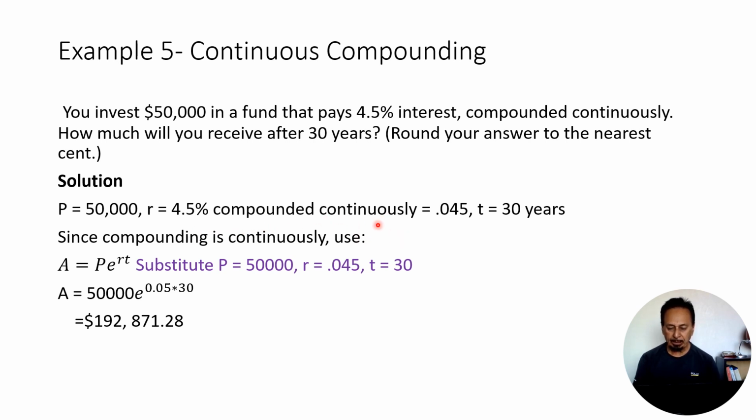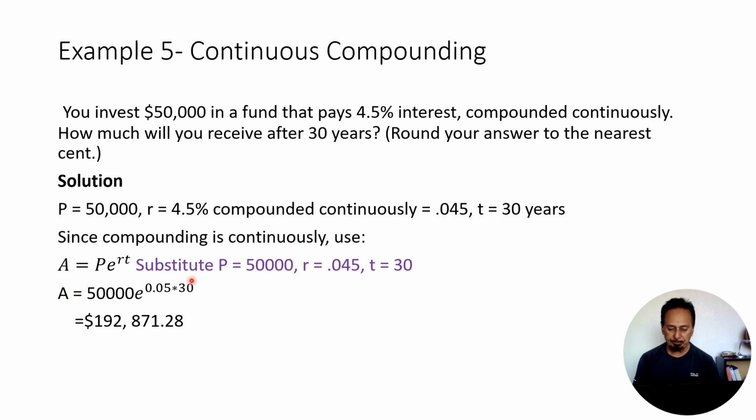Now, continuously means I have to use the formula for continuous compounding, and that is A equals P times e to the power RT. Now 4.5% you can also change into a decimal, it becomes 0.045. Now T is given as 30 years. So I'm using this formula because it's continuous compounding.